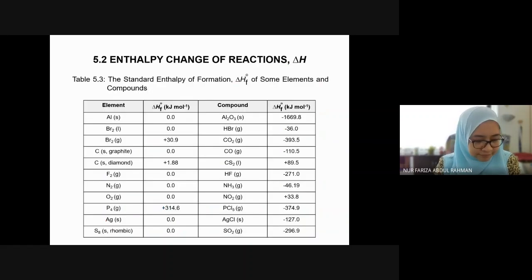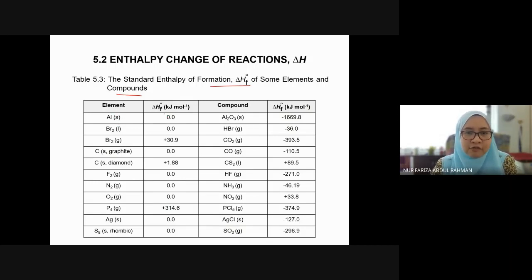Alright, so these are the list of element examples, ada banyak lagi. Of course kita ada banyak, ini adalah example. The standard enthalpy of formation of some elements and compounds. So like aluminium, it exists naturally as solid. In standard state dia adalah dalam keadaan solid.